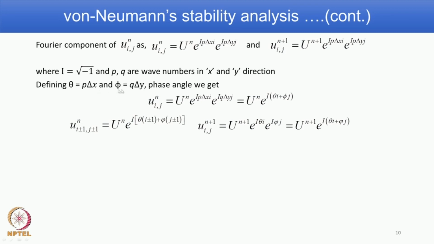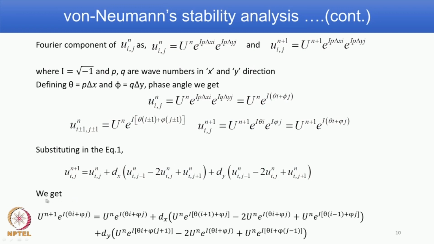So, with these definitions and the expression for each individual term, we now substitute in the final discretized equation and we get the expression as shown here. You can recognize the left hand side, for example, U n plus 1 e to the power of I theta i plus phi j is for u i comma j n plus 1.